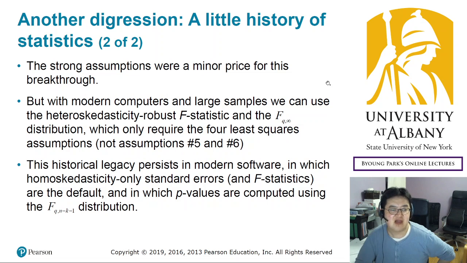But recently, computation has developed much more than before, and statistical theory has developed faster. So we realized that the F distribution can be replaced by a better distribution, the chi-square distribution.